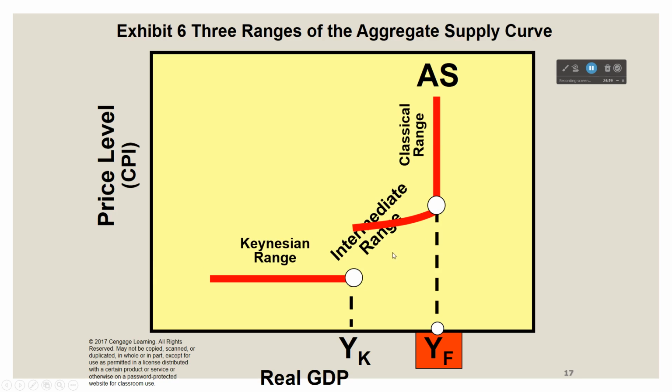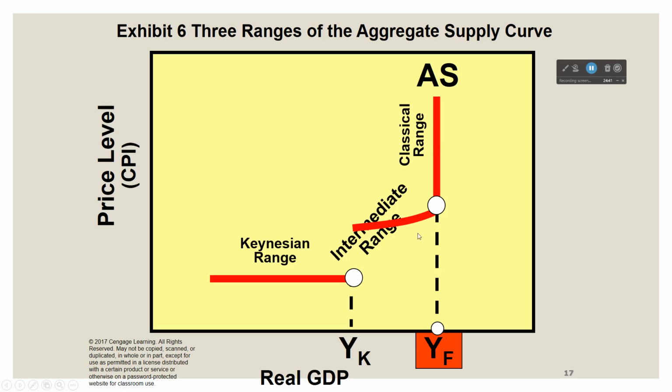Over this intermediate range here, you can see that an increase in aggregate demand would cause output to increase and prices to go up. So on this intermediate range, changes in aggregate demand cause changes in output and prices at the same time.